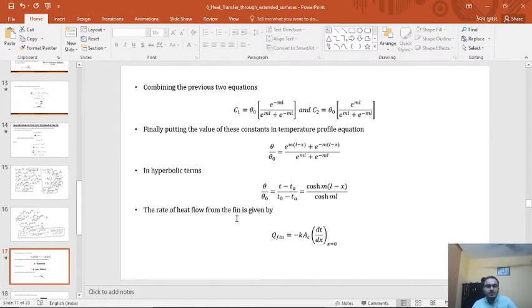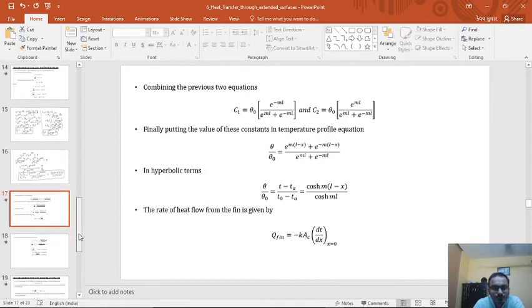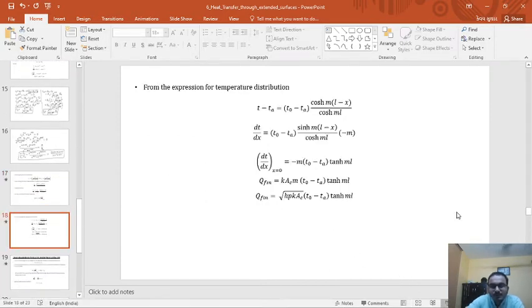Now the next part is the rate of heat flow from the fin, which is given by Q fin is equal to minus kAc dT by dx at x equal to 0. So let's start this part.